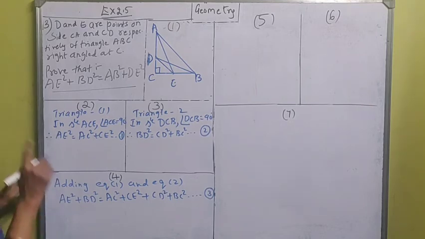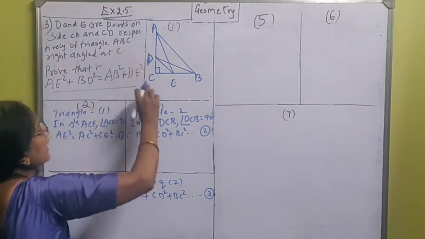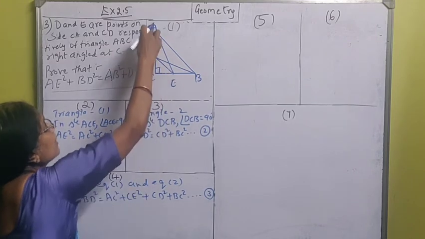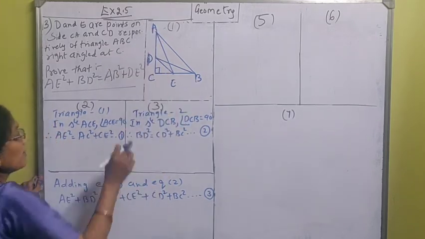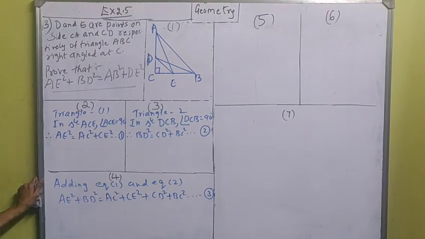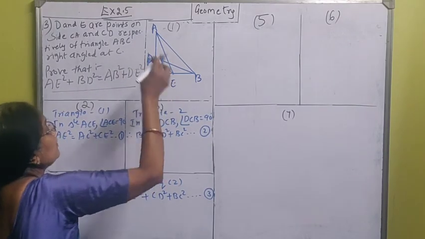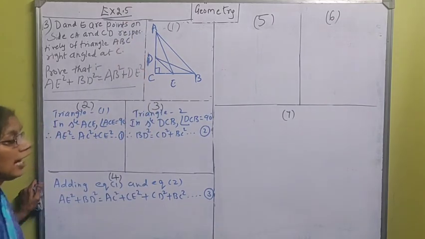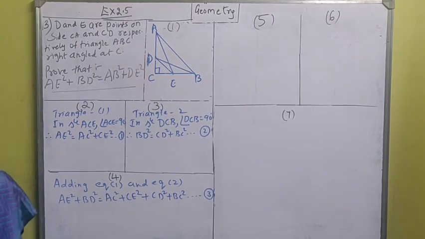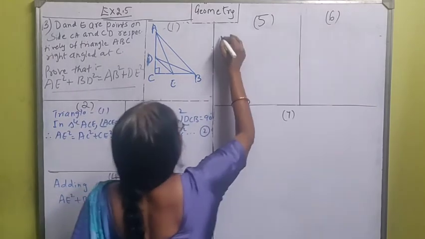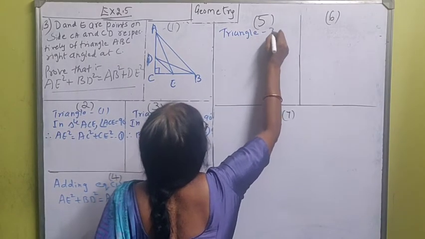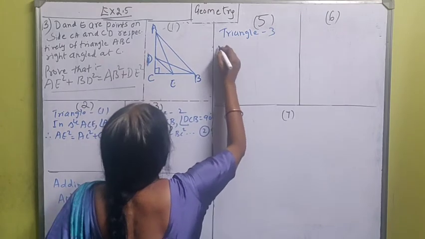Now we will take one more triangle, that is DCE, and one more triangle ACB. So we are going to take 4 triangles. DCE will be your third triangle and ACB will be your fourth triangle. All the triangles should be right angled, you have to keep in mind. So now triangle number 3.